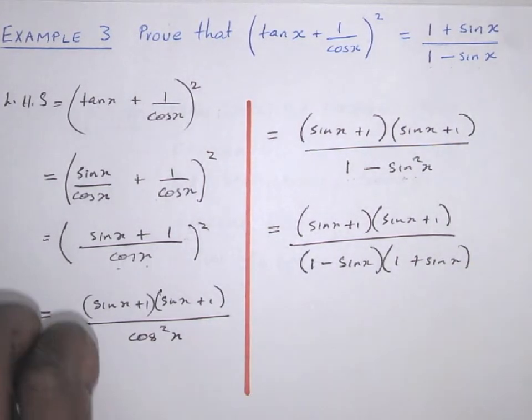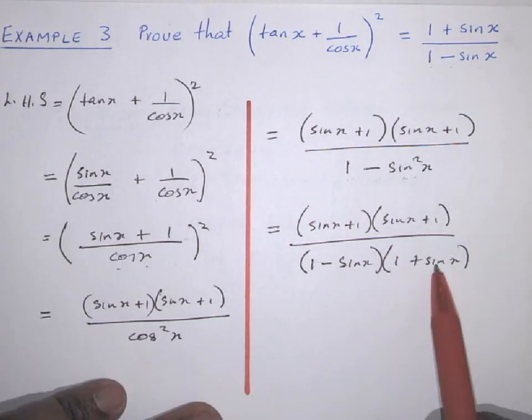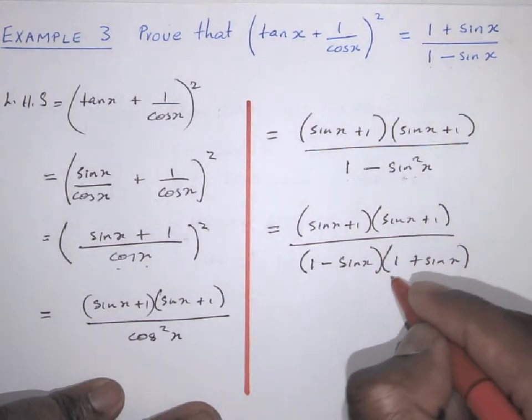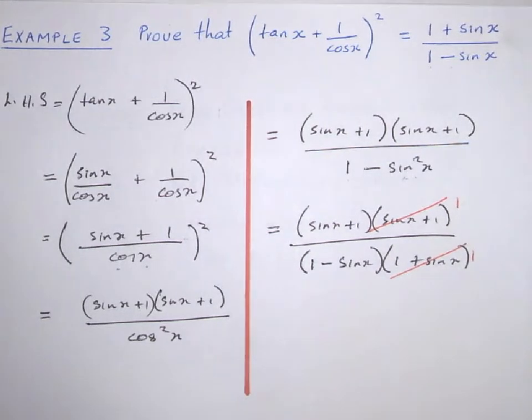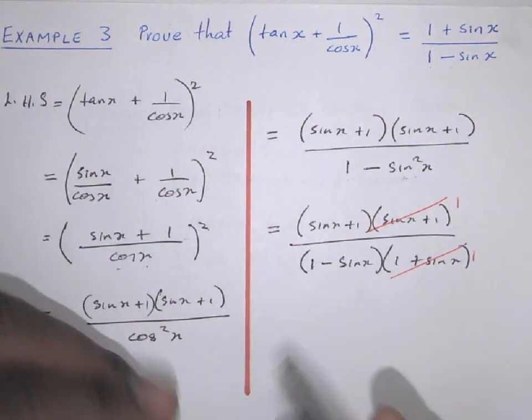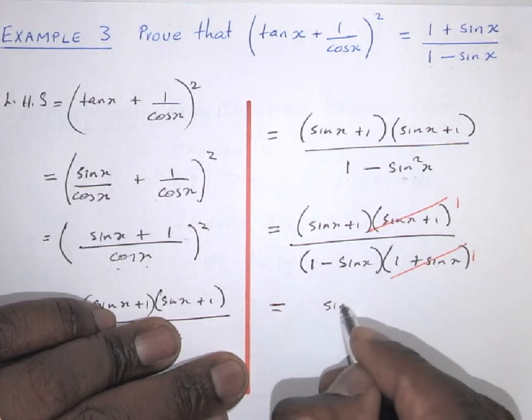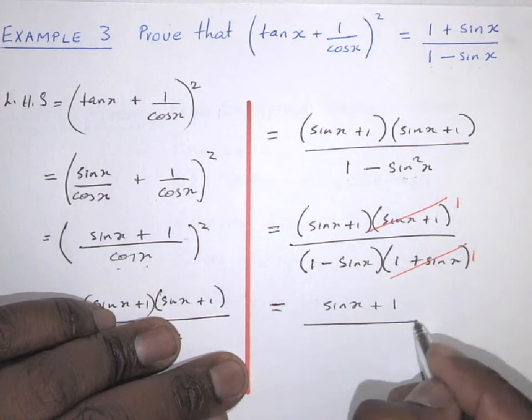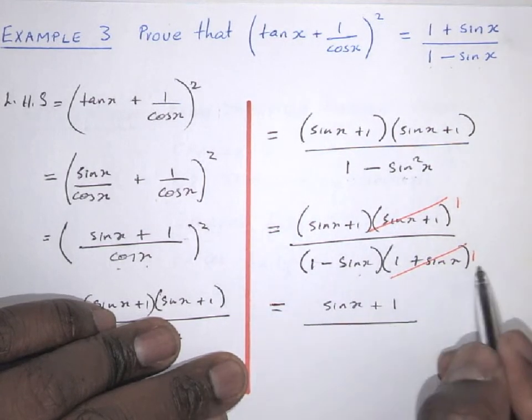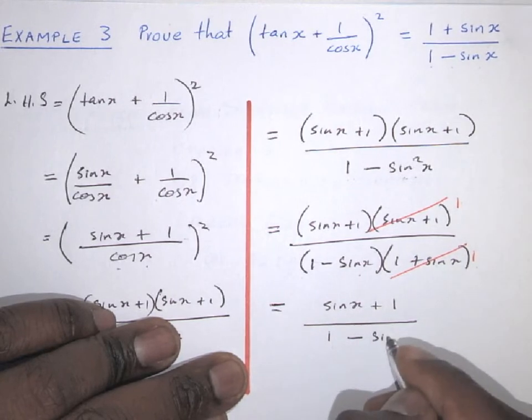Now, you can see that 1 plus sine x is the same as sine x plus 1. So this goes once there, that goes once. So my answer in the numerator is sine x plus 1 times 1, which is sine x plus 1, divided by 1 minus sine x times 1, which is 1 minus sine x.